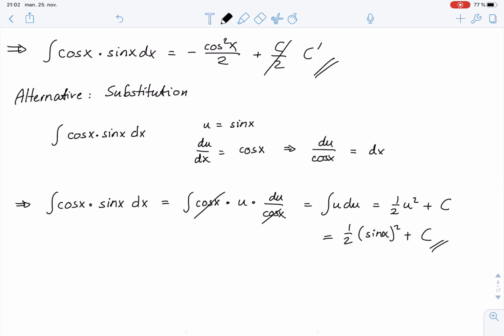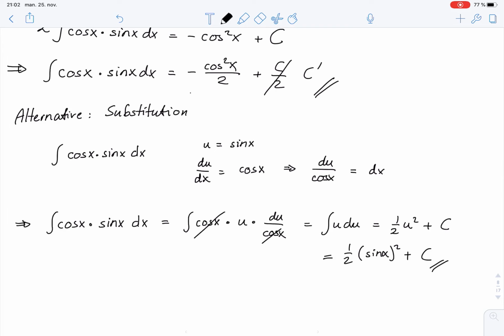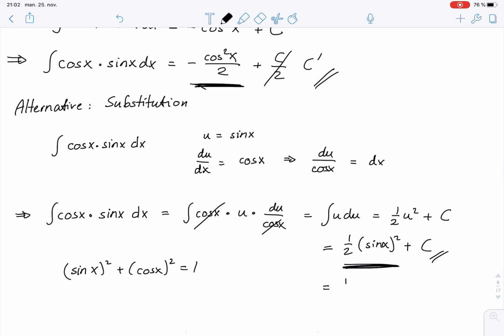Now, 2 totally different answers. You see here, you have minus cosinus squared, and here we have sinus x squared. The thing is that sinus x squared plus cosinus x squared equals 1. So this one would basically be 1 minus cosinus x squared plus a c.